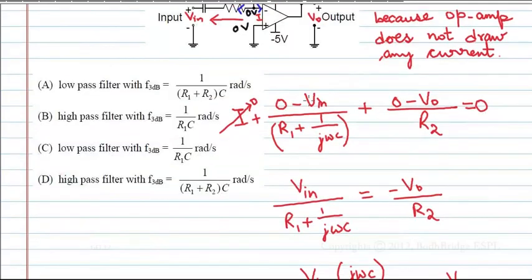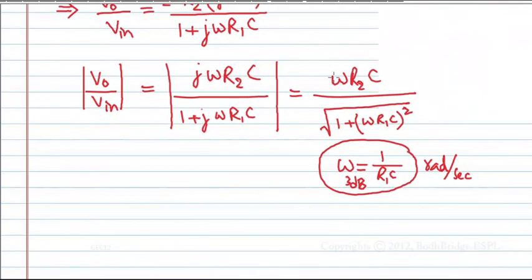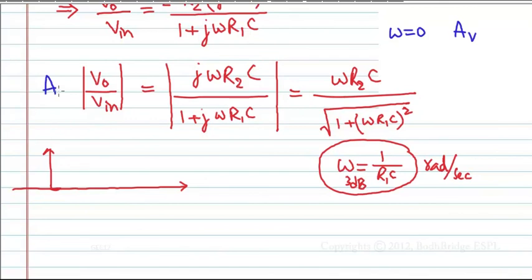Therefore, 1 by R1C is the cutoff frequency, and we should say whether it is a low pass or high pass filter. From this, when omega equal to 0, what is the filter? When omega equal to 0, we are getting the gain AV, that is the voltage gain, as 0, since it is 0 by 1 plus something.